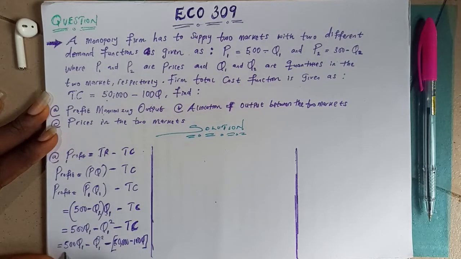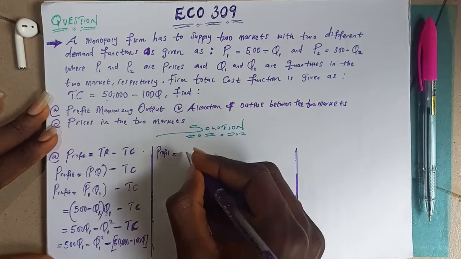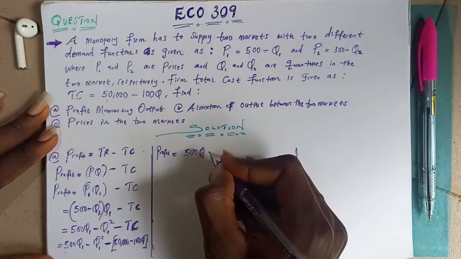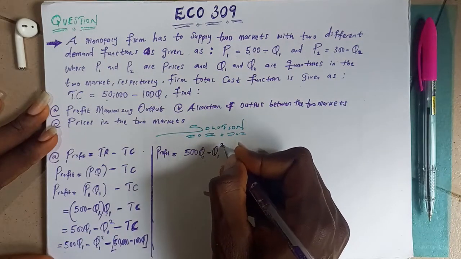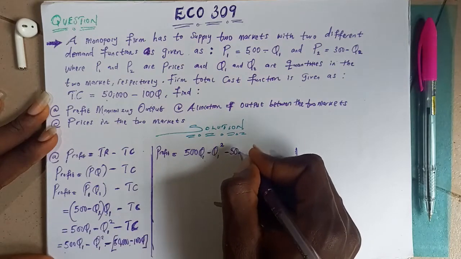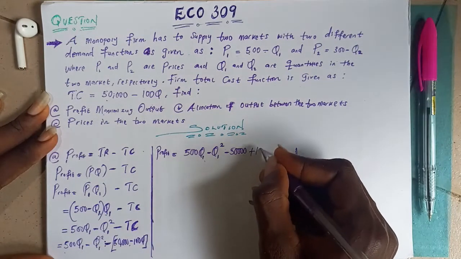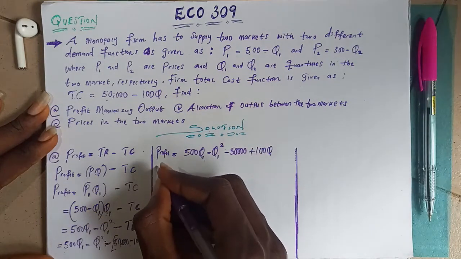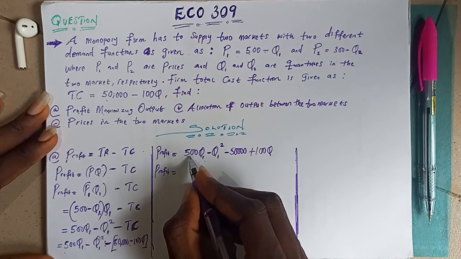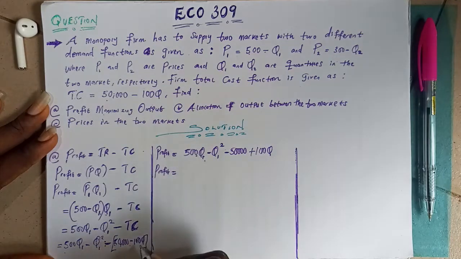By the time we open up this bracket, our profit is equal to 500Q1 minus Q1 squared, then minus 50,000, then minus times minus 100Q, that is plus 100Q.